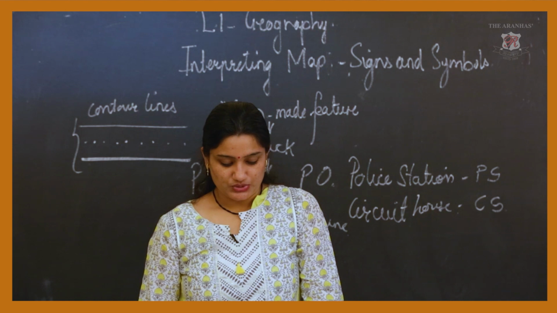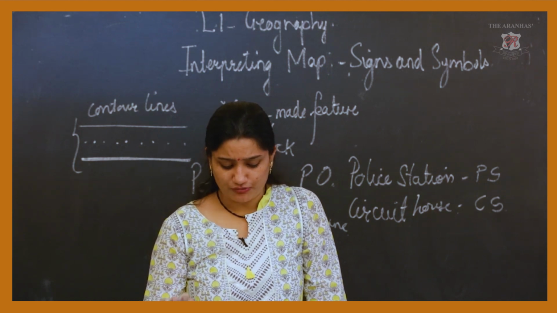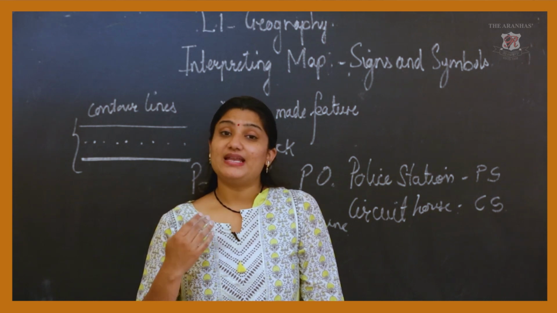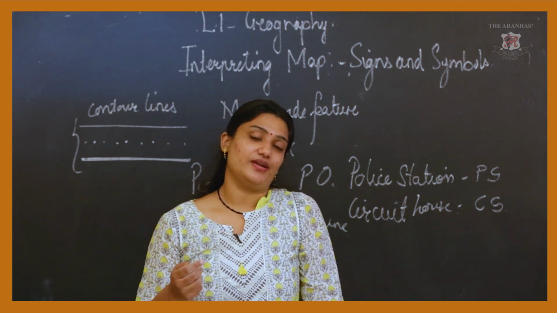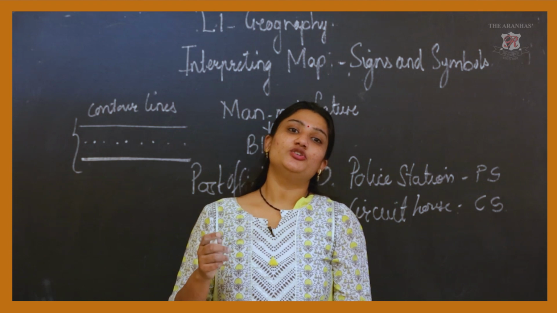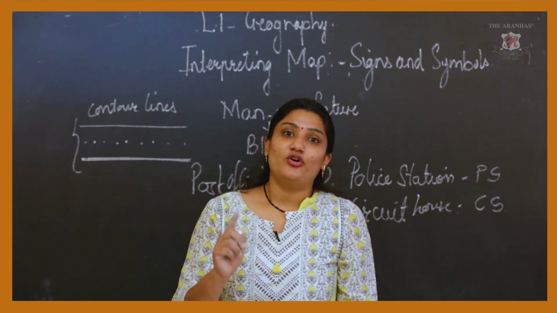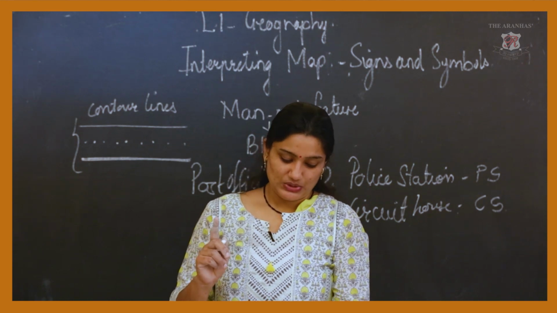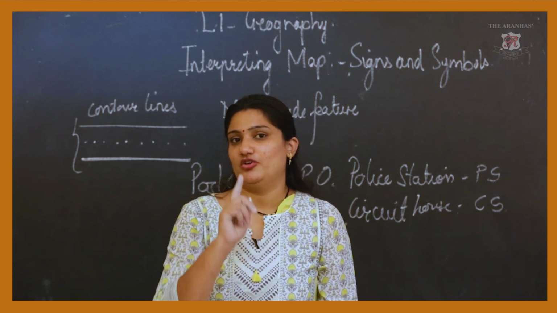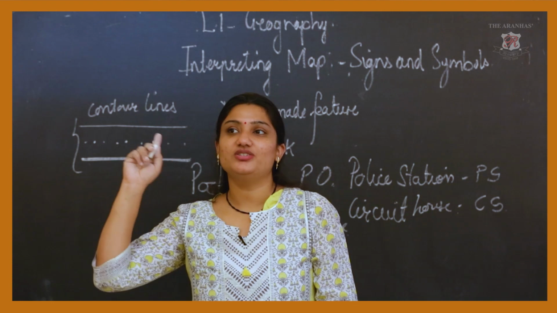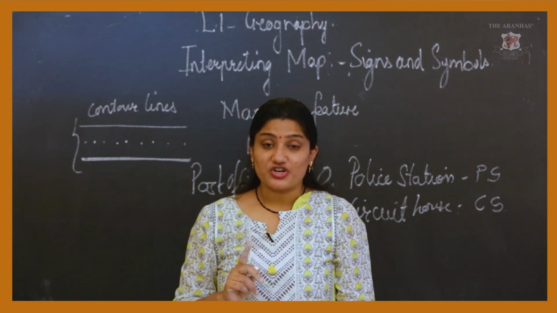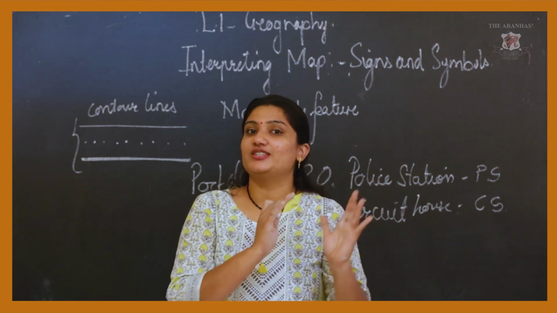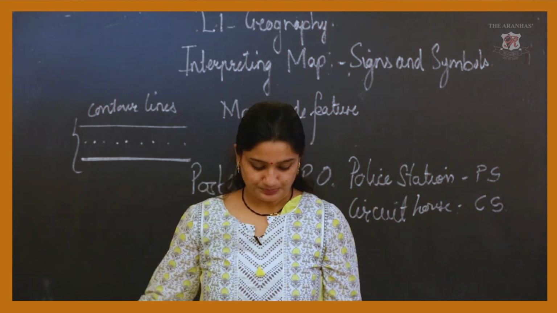Which color is used to denote the following on the topographical map? For elevation information, we have read that brown color is used for elevation and contours of sand dunes and sand hills. Shrubs come under greenery, forest, vegetation, so green color will come.